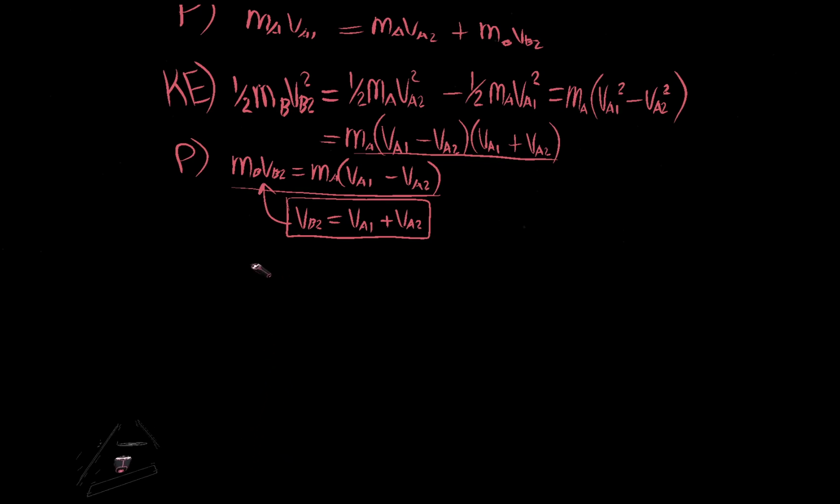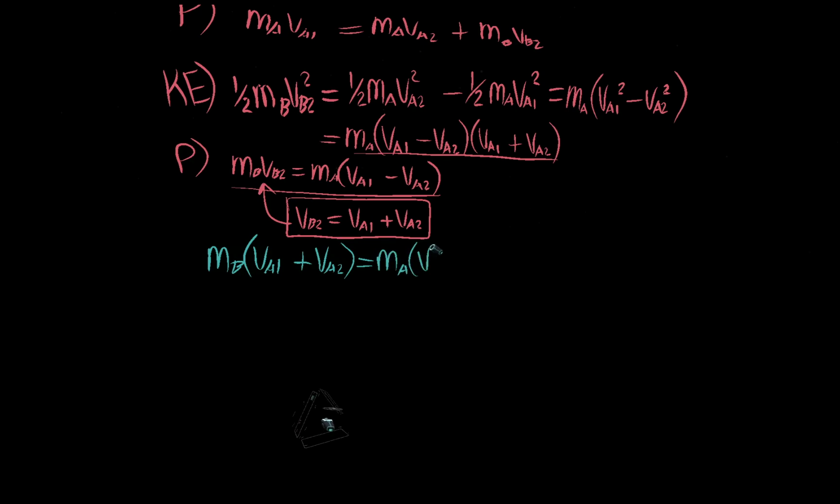So, if you do that, then you get MB, here I'm doing a new color just for interest's sake, MB, and then the rest of this, right? VA1 plus VA2 is equal to MA times VA1 minus VA2.